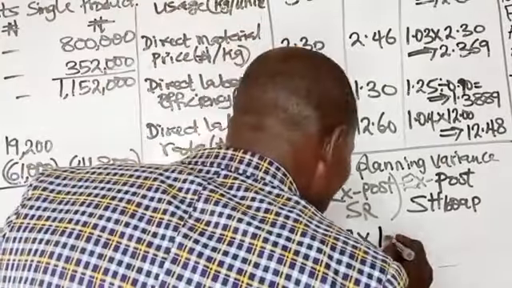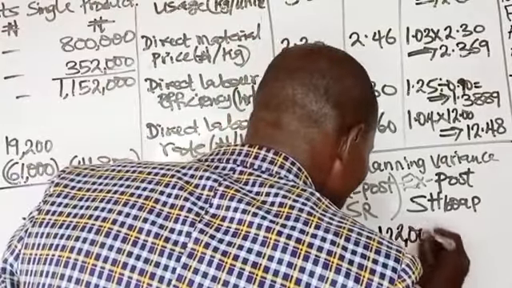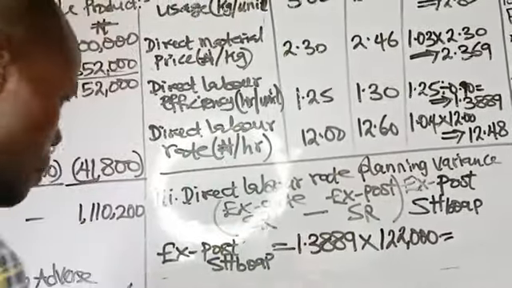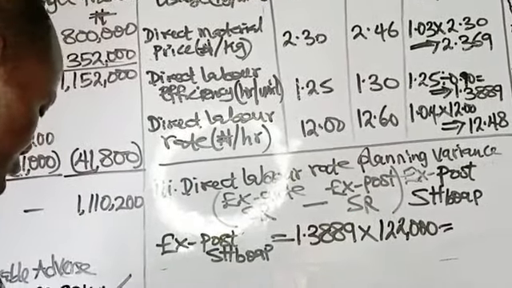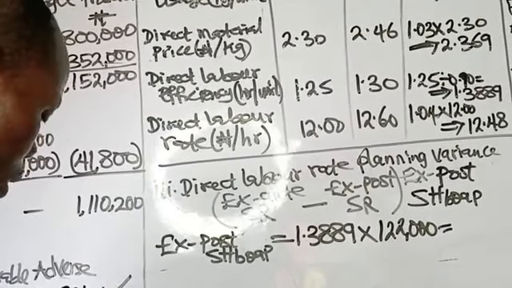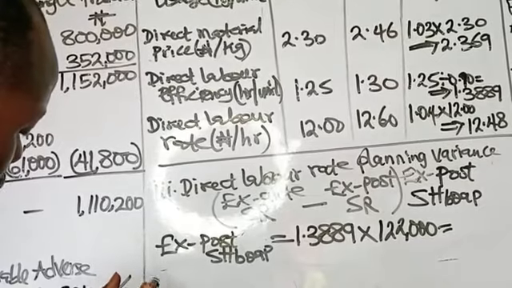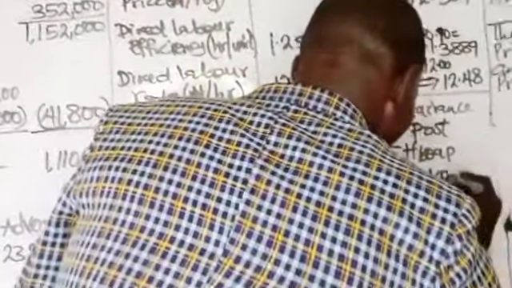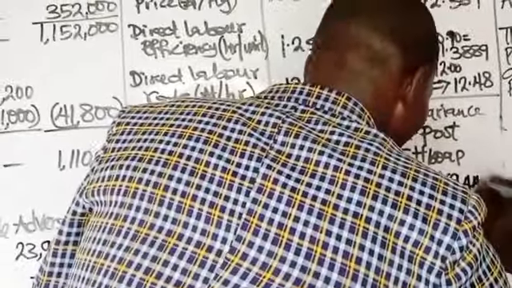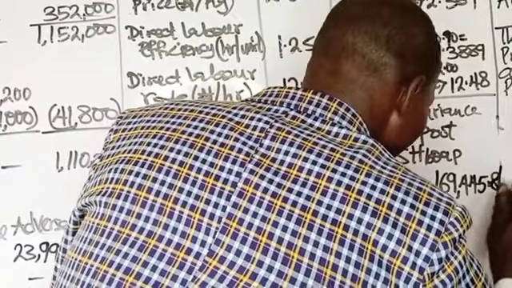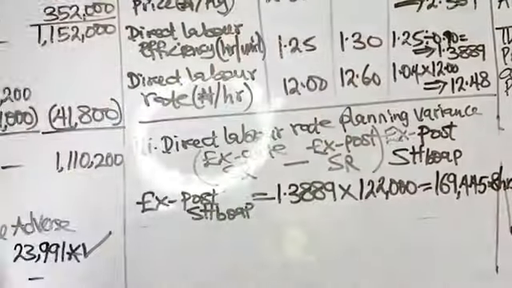Remember, we use quantity sold as our production, 122,000. So 1.3889 times 122,000 gives us 169,445.8 hours. This is S post standard hour.